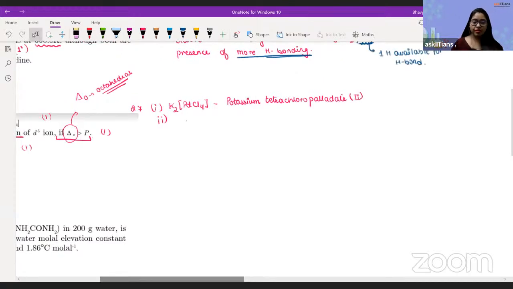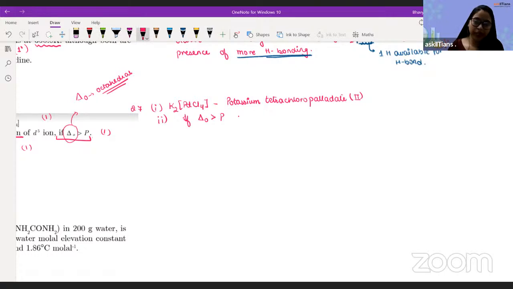Now, since they are saying that delta naught is greater than P, then pairing of electrons will occur.